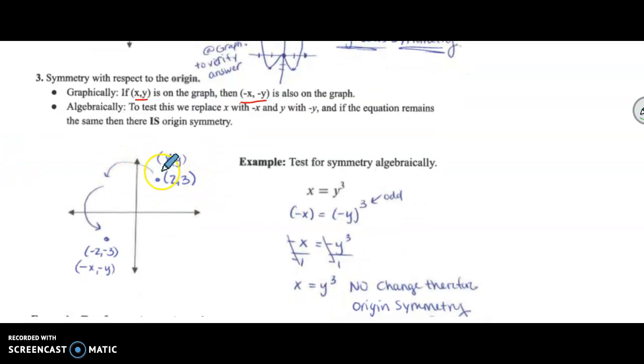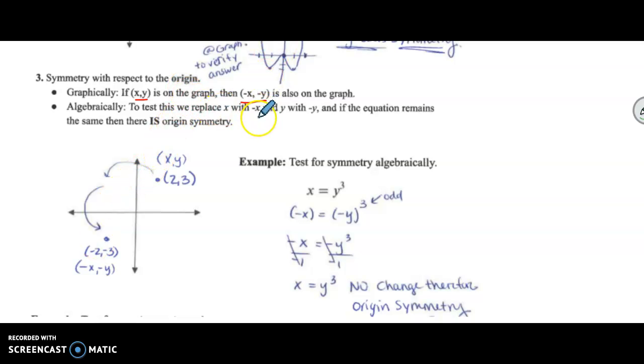Here, 2, 3 is in quadrant 1, and negative x, negative y flips it 180 degrees around the origin, 0, 0, to the other side, at negative 2, negative 3.